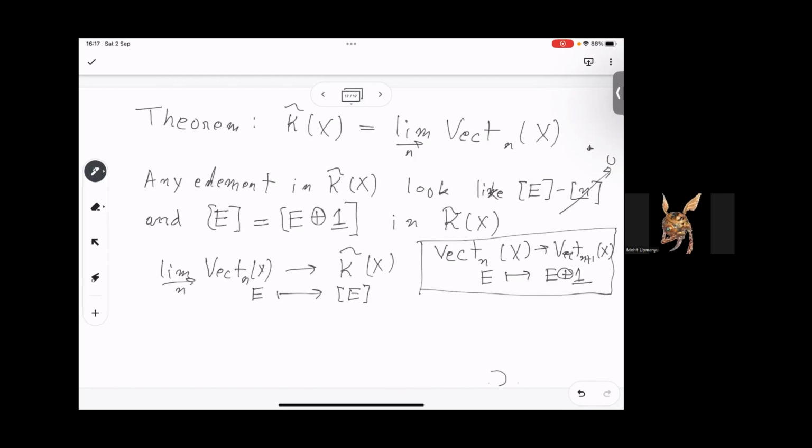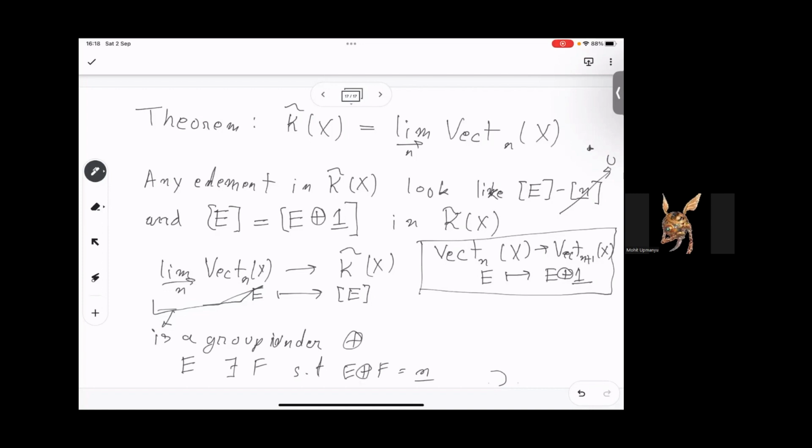Now, one thing to observe is that this direct limit of Vect_n X is a group under direct sum. Why? Because if we have an E, then there exists F such that E direct sum F is trivial.